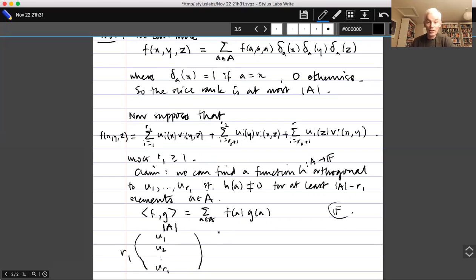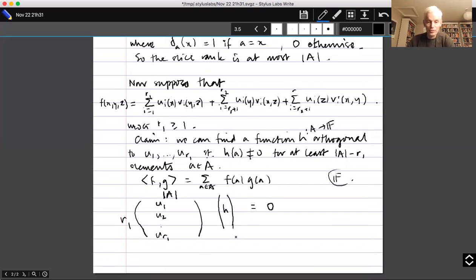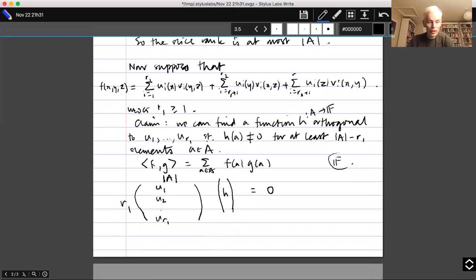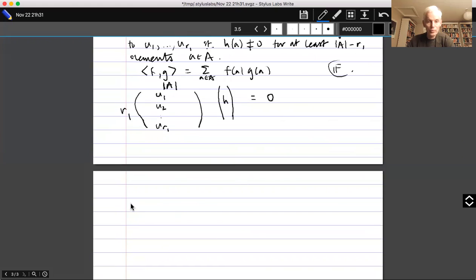Then I have h here, and we want that product to be 0, but we also want h not to have too many zeros. And how do we do that? We note that this matrix has rank at most r1.